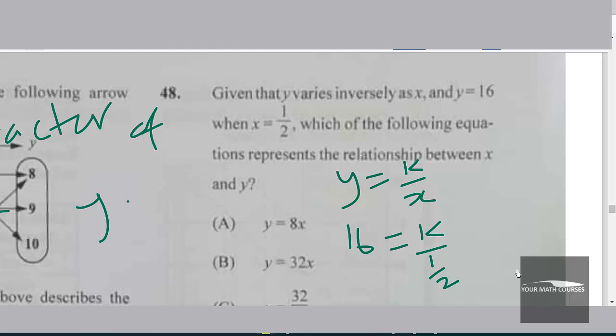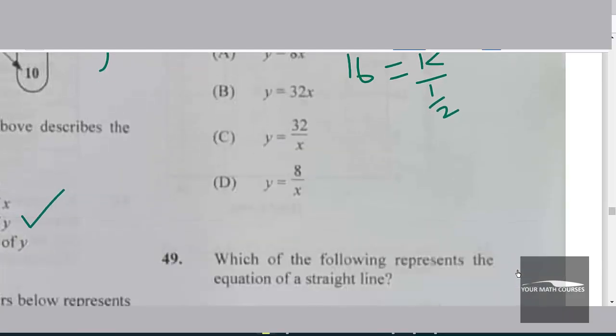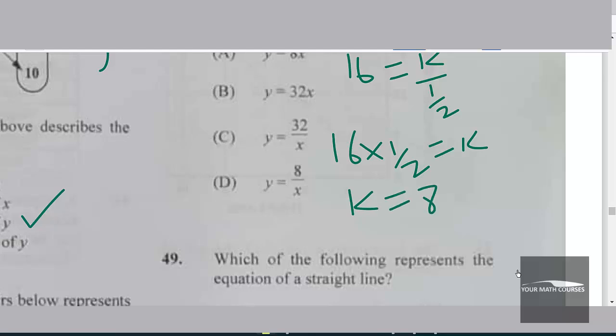So we can look for k. 16 times half will be equal to k. So k is equal to 8. When you cross multiply, you get 16 times half is equal to k times 1, which gives us k is equal to 8.